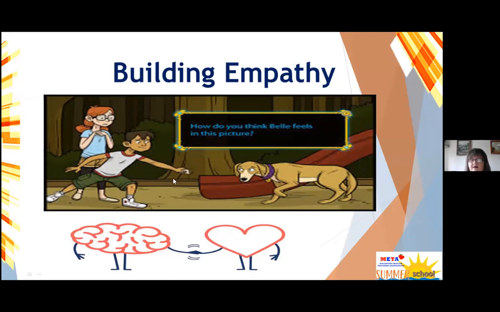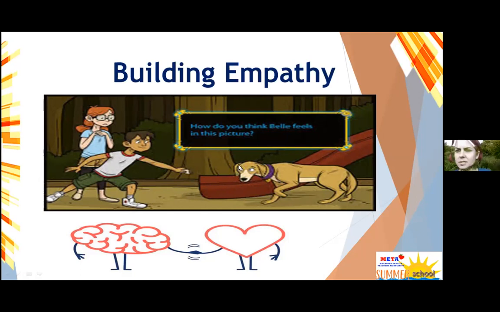Uh-huh. Okay, thank you. Now, what is the boy doing? The boy is trying to feed the dog. Okay, so he's trying to feed the dog. Then it's not as bad as it seemed at the very beginning, right? Yes. If the boy is feeding the dog, he's trying to approach the dog.